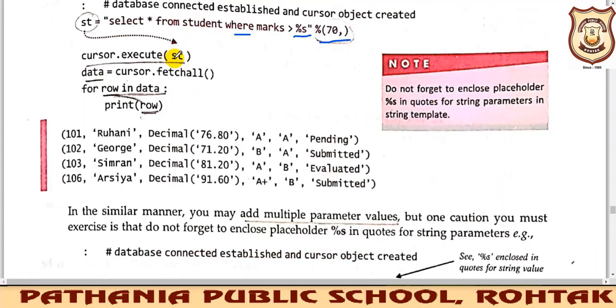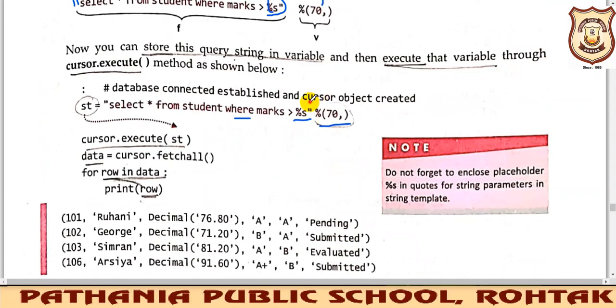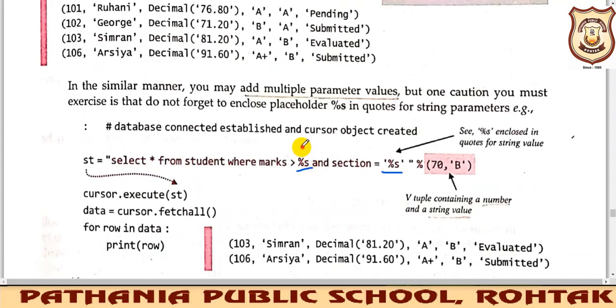Okay, so here if you want to have two values, initially we are having one value only, so once we need to write %s. Here we are writing it twice. So how will things vary? Like this, you need to write in your brackets.